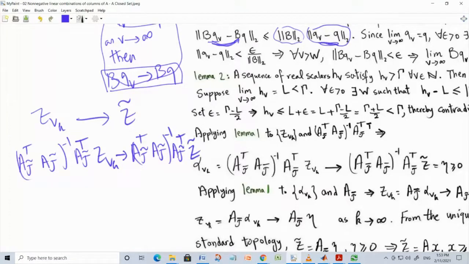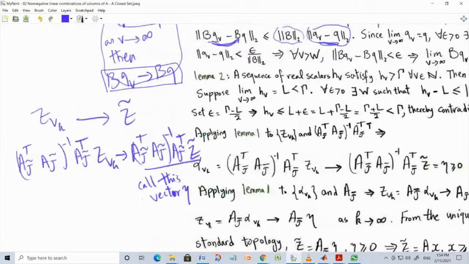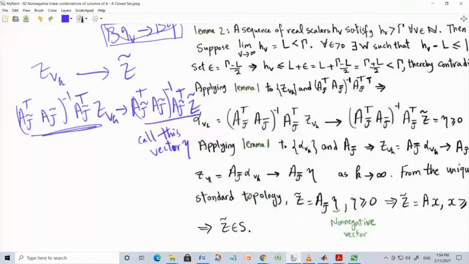Transpose Z tilde. Okay, so this must be true. So if this is given, this must be true. Now let's call this vector eta. Okay. Now what is this quantity?